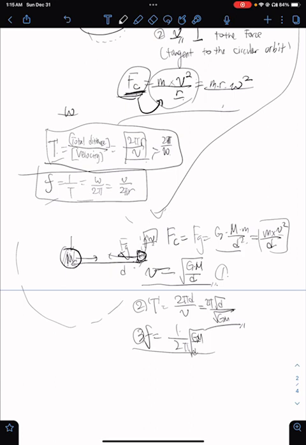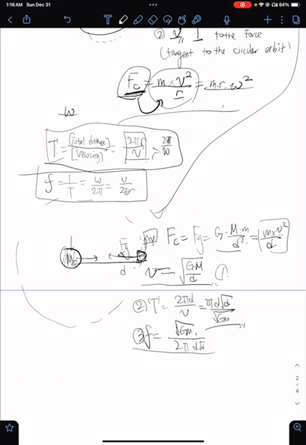This really isn't that difficult, as you can see. Actually, I made a mistake here real quick. So that's the square root of GM over d to the three halves.